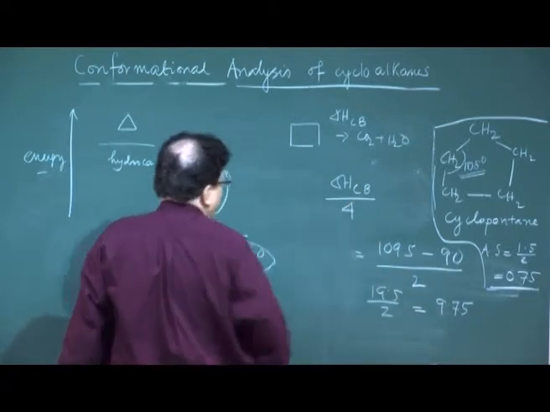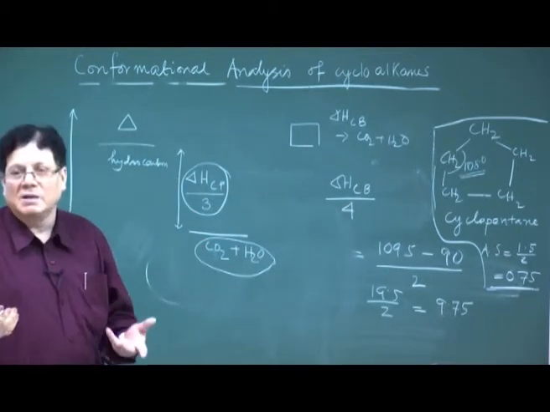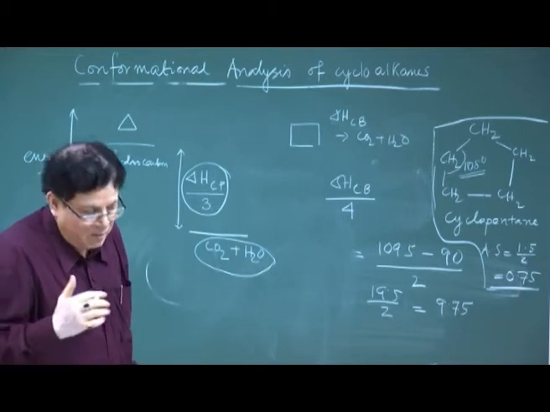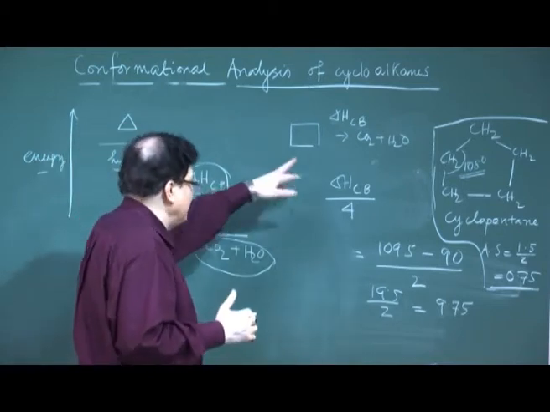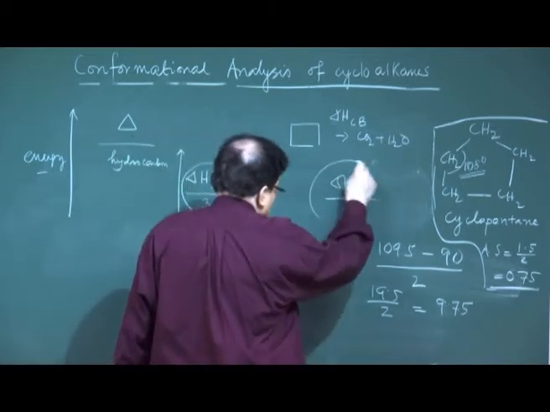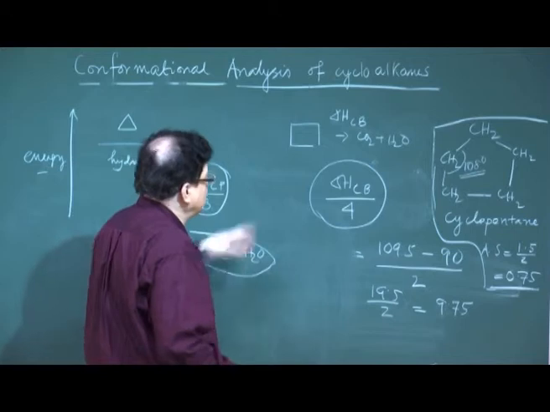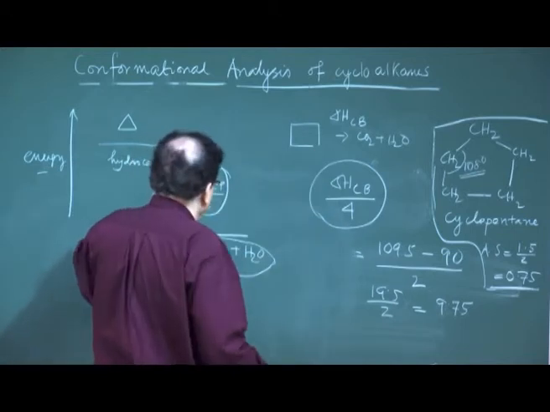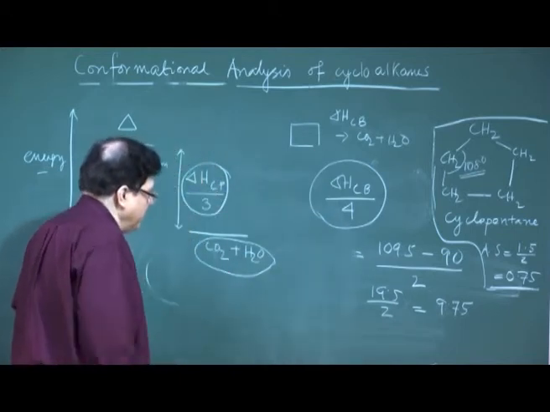Because there are 4 carbon atoms, obviously more energy will be liberated, but for a particular methylene, per methylene, how much energy is liberated, for that you have to divide it by 4, and for cyclopropane you have to divide this by 3. Okay.